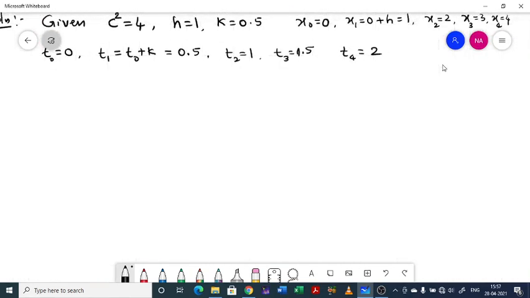So the next step is you have to form an informative table. Here are the values of x0, x1, x2, x3, x4. x0 is 0, x1 is 1, x2 is 2, x3 is 3, x4 is 4. Similarly, here you have to write the values of T0, T1, T2, T3, T4.